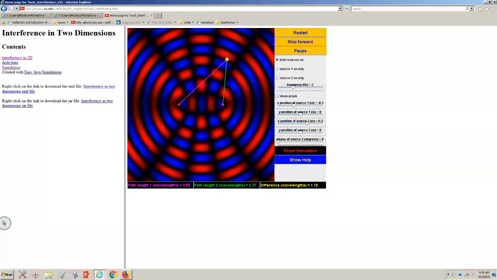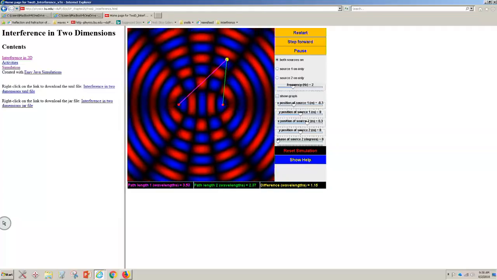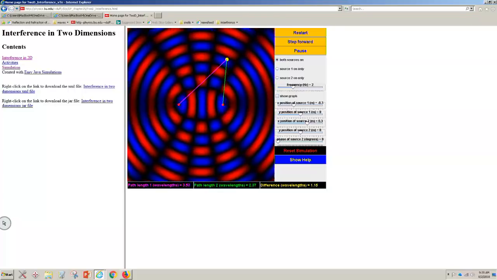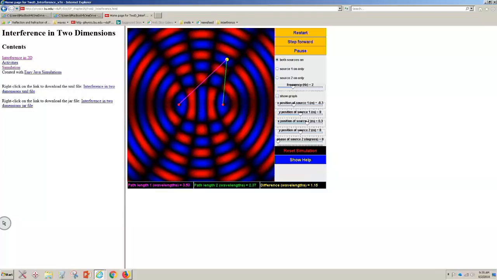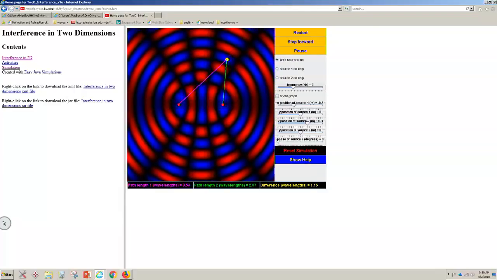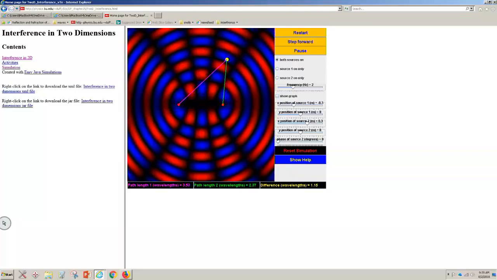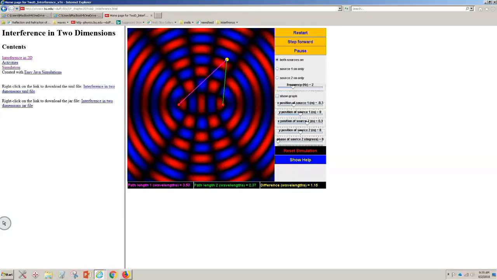Now I want to make a wavelength about this long. So if the speed of sound is about 315 today, I have to tune up the frequency to that number, 320.